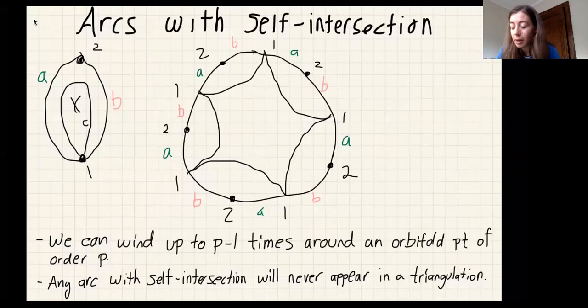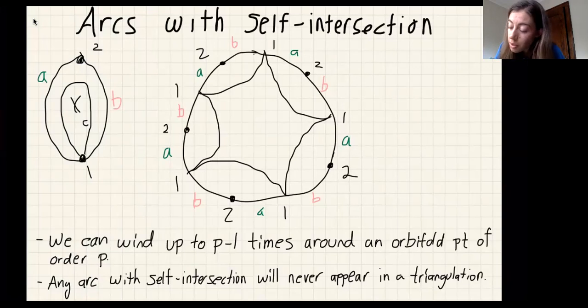But these arcs can appear in surfaces that are more complicated than a polygon, and they can appear in the orbifolds as well. We've talked a little bit about how you can wind up to p minus 1 times if your orbifold point has order p. So we can build up a little more intuition for these arcs, looking again at a cover of an orbifold. I have a pretty simple orbifold on the left.